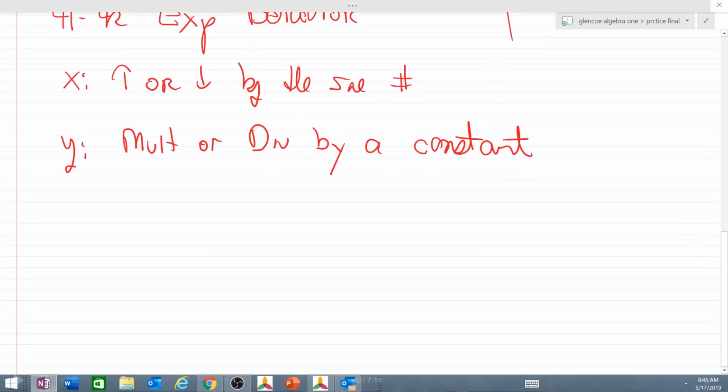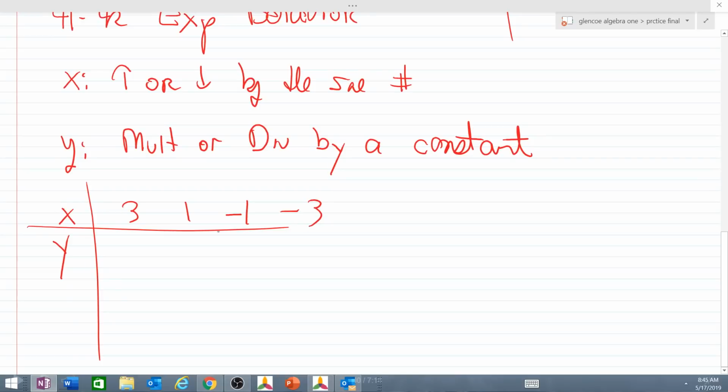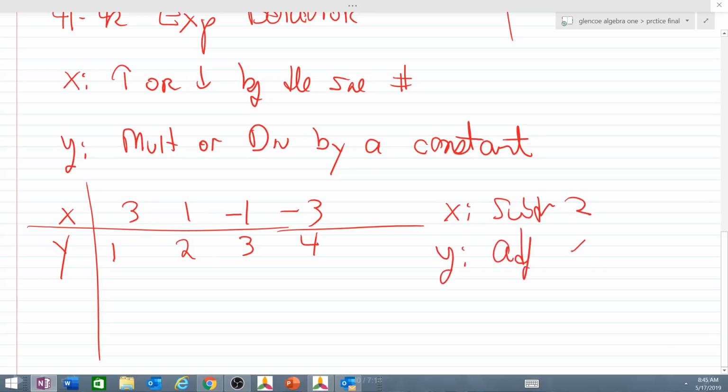So let's look at our first one. X, y. 3, 1, -1, -3, 1, 2, 3, 4. Well, I could tell you already that even though the domain values, what are you subtracting from each one? X's, you are subtracting 2, and the y's, you are adding 1.